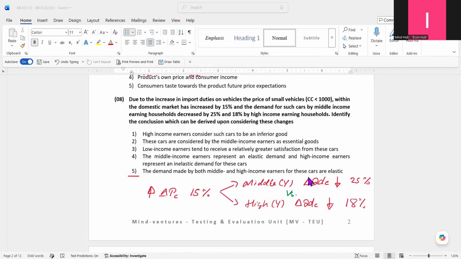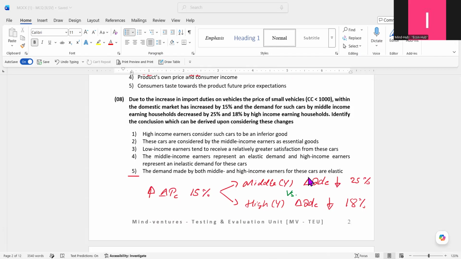The demand by the middle income earners has decreased by 25%, and by the high income earners has decreased by 18%. If you compare these, both are elastic because both are more than 15%: the percentage change in quantity demanded is more than the percentage change in price.